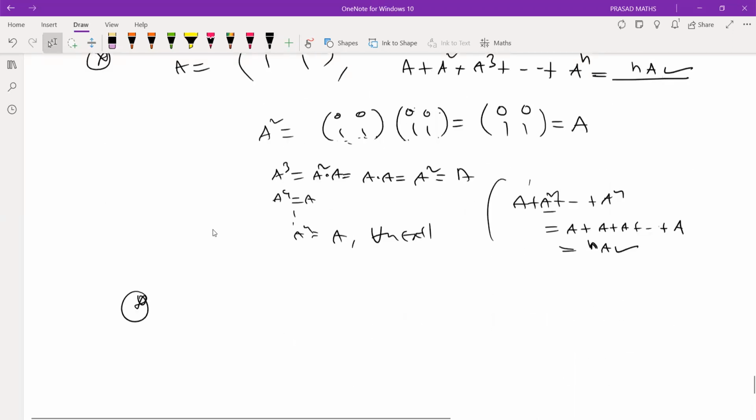Right? Suppose you're given A equal to 1, 2, 0, 1. You're asked to compute A power n, where n is a natural number.